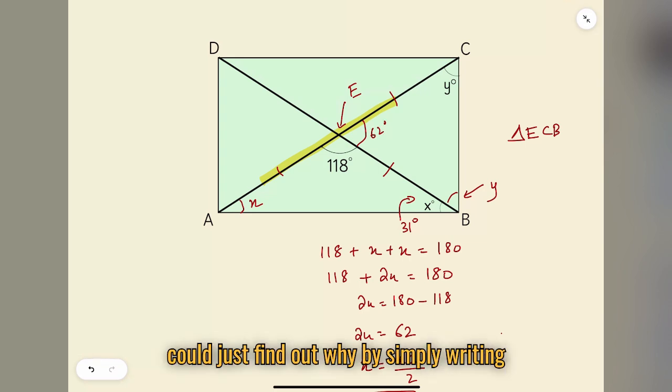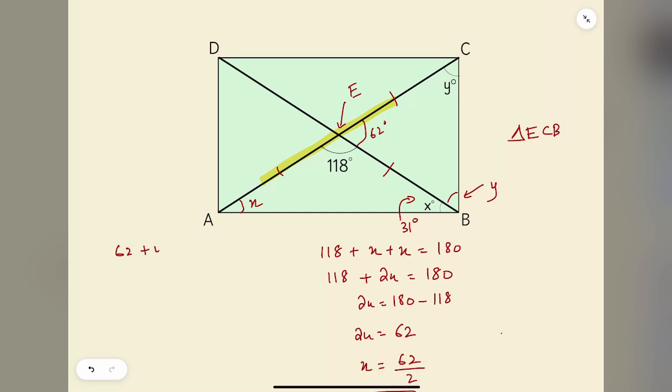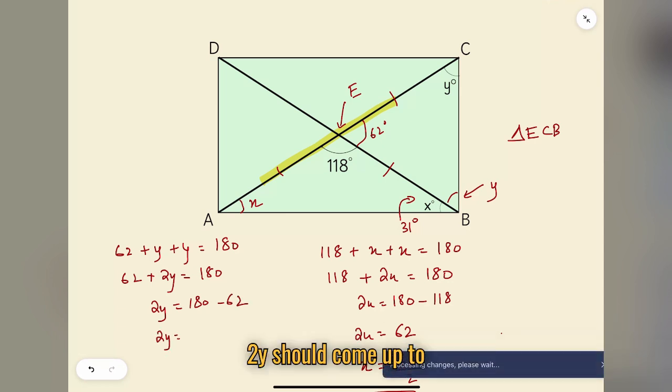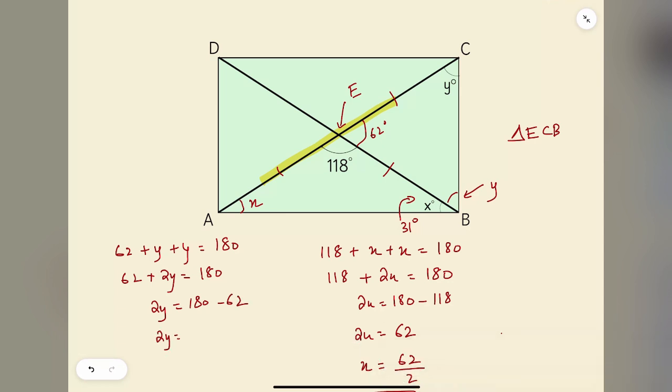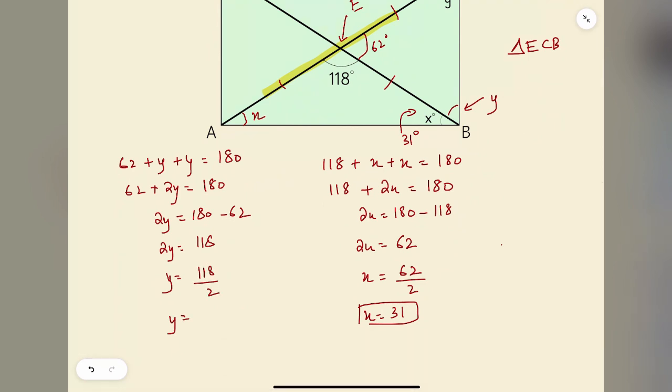So I could just find out y by simply writing down the equation of the internal total of a triangle, which is 62 plus y plus y is equal to 180, or 62 plus 2y is equal to 180, or 2y is simply 180 take away 62. 2y should come up to, okay, I get a 118 there, or the value of a singular y is 118 divided by 2, which is 59.